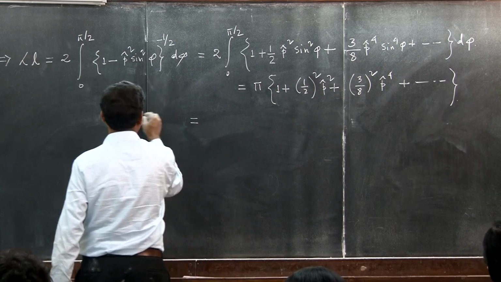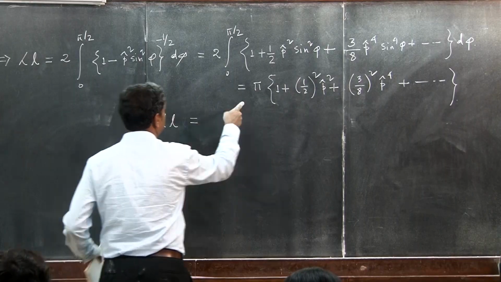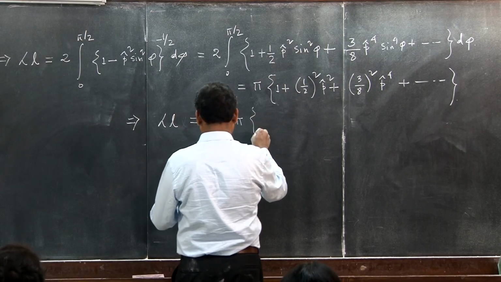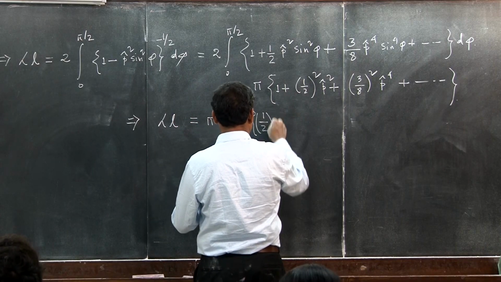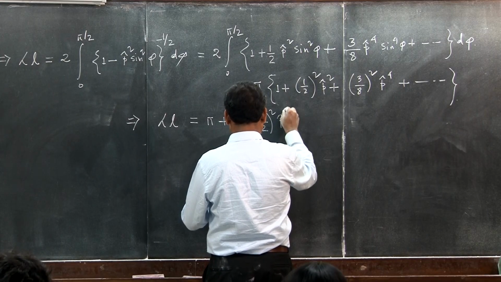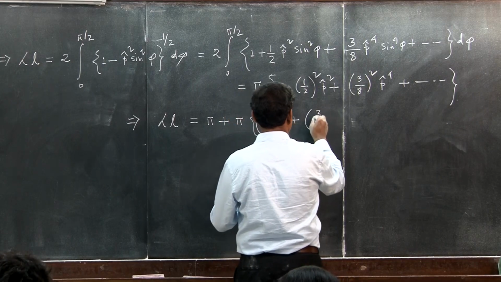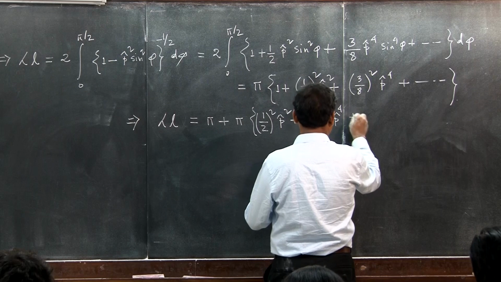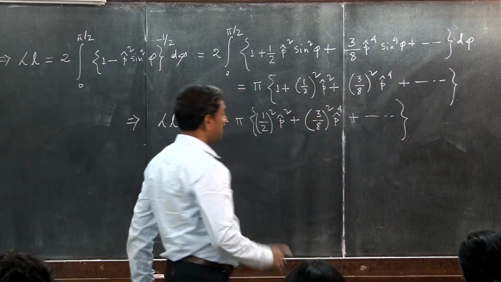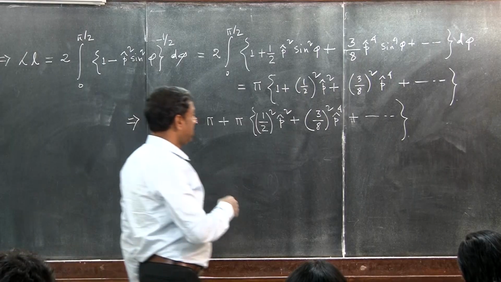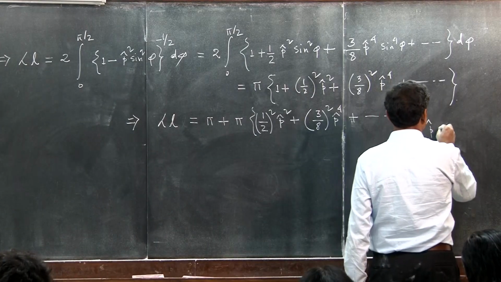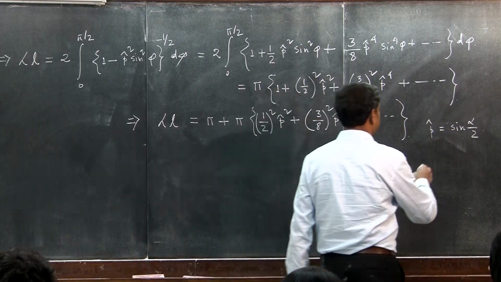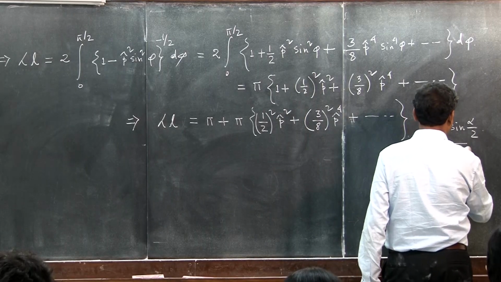From here I am writing lambda L is equal to pi plus, and you see that is the expansion we are ultimately getting. Please note that p cap is sine alpha by 2. Please keep in mind that lambda is nothing but p by EI.